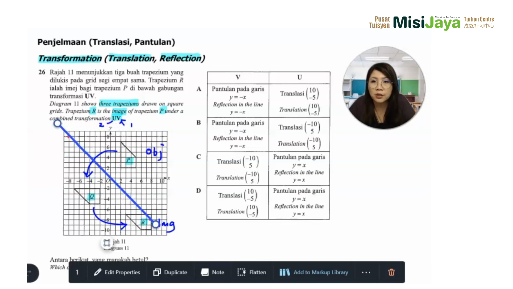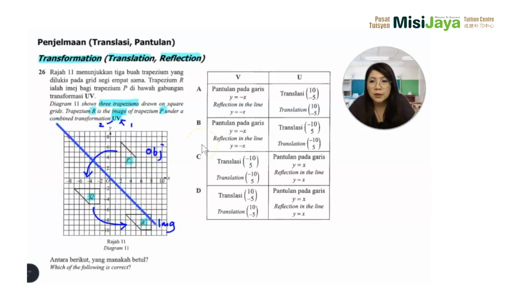So we got a very nice line of reflection here. This line is y equals -x, because when x is 8, y is -8, and when x is 6, y is -6. It satisfies this equation, so this is the line of reflection.